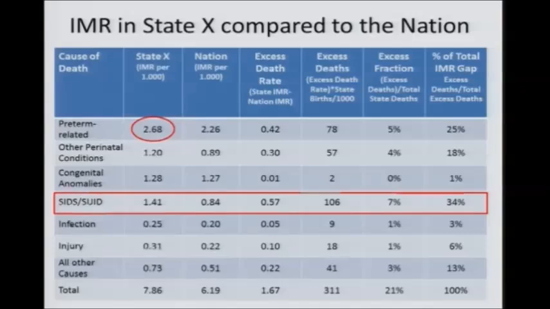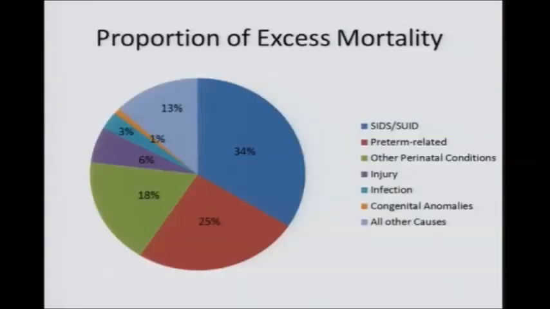And you can see this in the pie graph here, the proportion of excess mortality. So this is the proportion of the total difference between the state and the nation in infant mortality by cause. So SIDS and SUID was the leading cause, followed by preterm related.